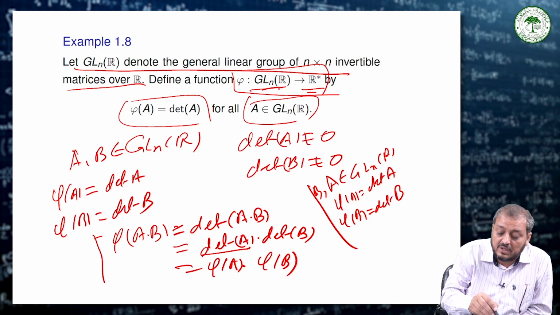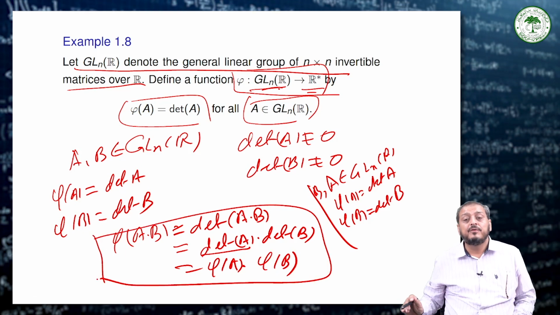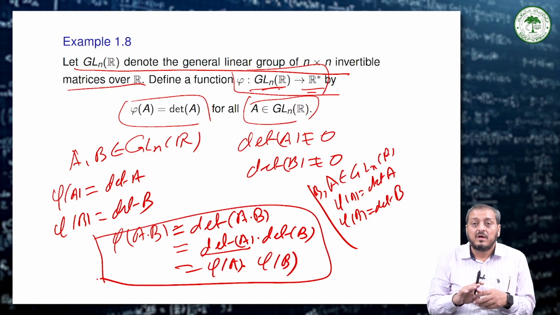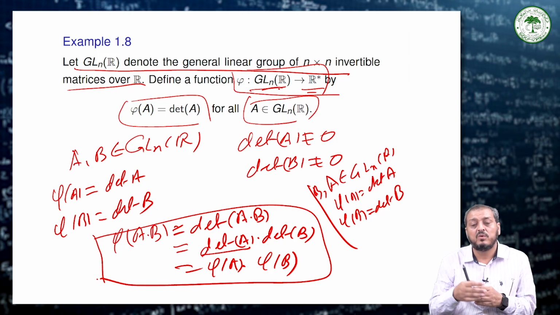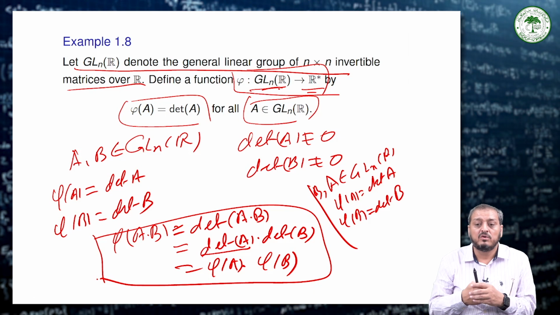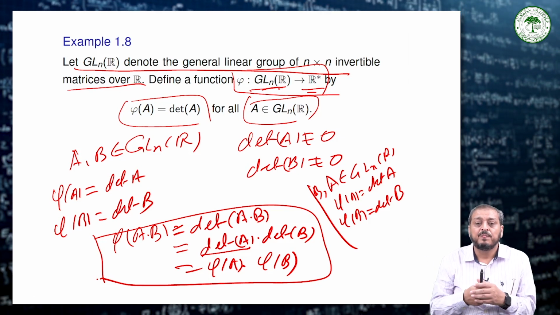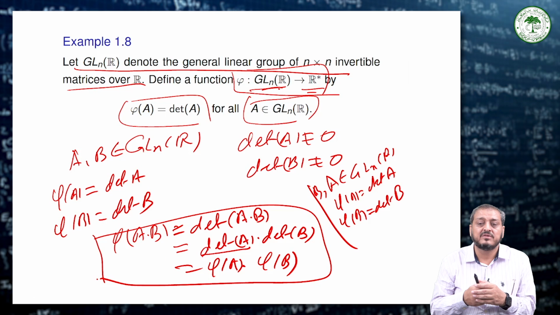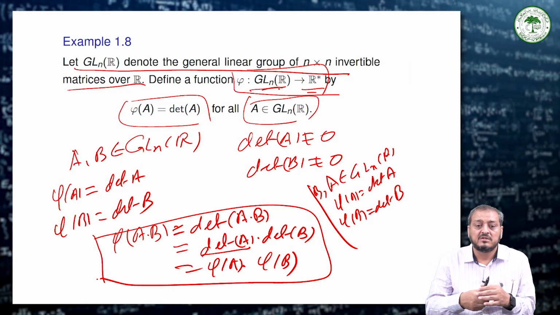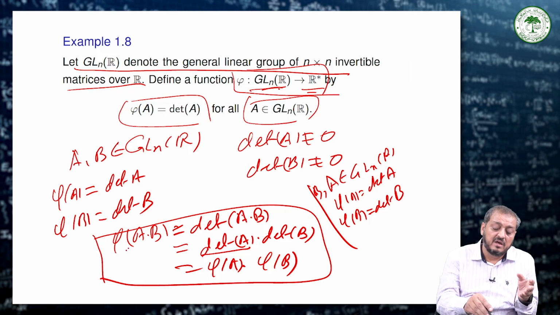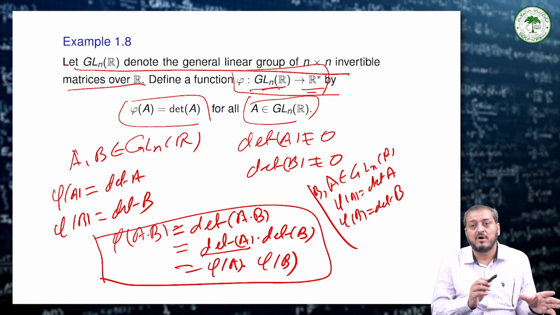Then we can show that the map phi defined from GL_n(R) to the set of all non-zero real numbers by phi of A equal to the determinant of A for all A in GL_n(R) clearly satisfies the property of a homomorphism.